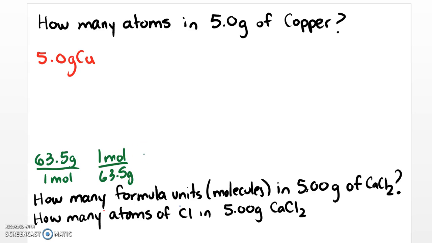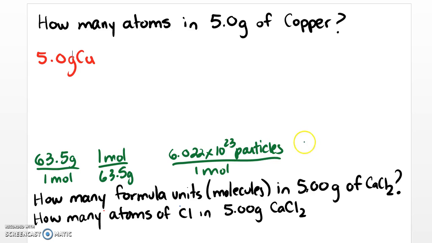Whenever we're asked about numbers of particles, it could be atoms or molecules. Molecules are for covalent compounds, or formula units, which is the special word for ionic compounds. So we know that number is 6.022 times 10 to the 23 particles in a mole.